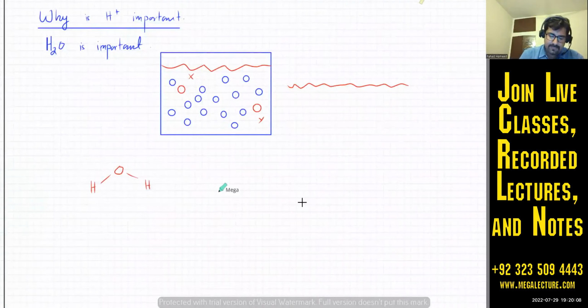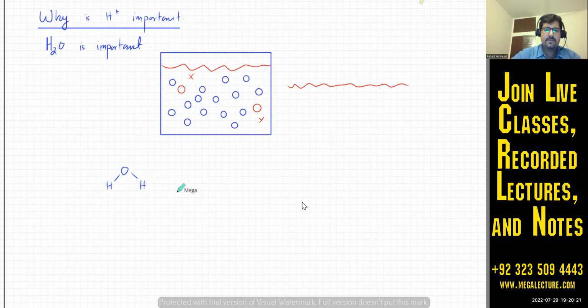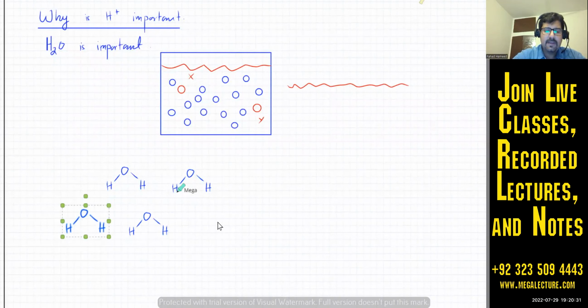Let's draw it a bit carefully. So imagine you've got lots of water molecules, and they're all bumping and colliding into each other.